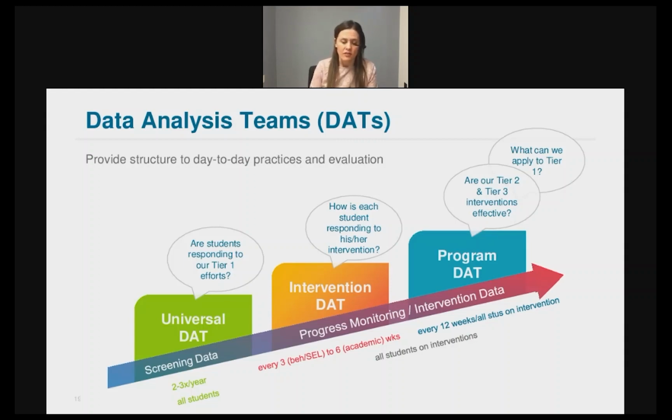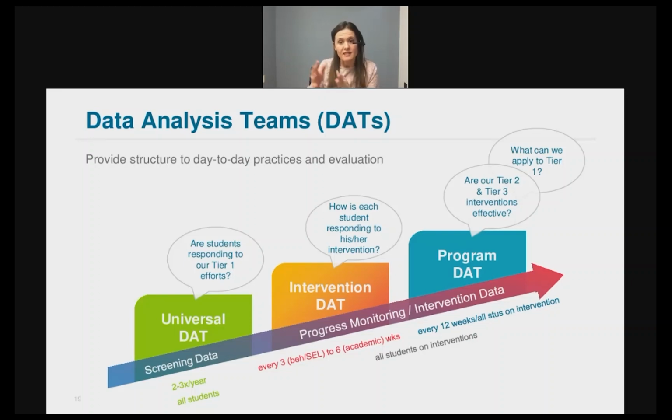For students receiving those SEB supports, we recommend that every 3 weeks the intervention data analysis team meets, and every 6 weeks if the student has more of an academic related need. And that's all about the type of monitoring that we're engaging with. And the question that we're asking there is, how is each student responding to his or her intervention?